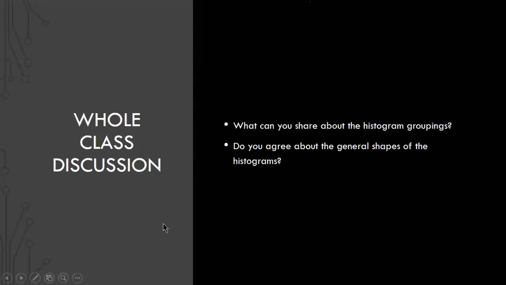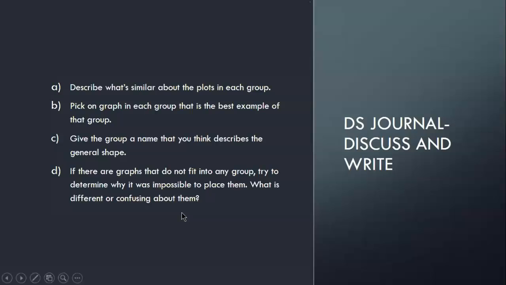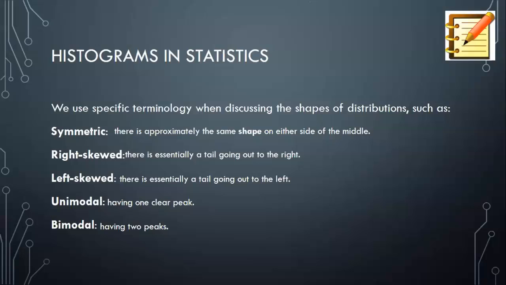So taking out our notes notebook. We're going to now talk about, wait, I went backwards. My bad. There we go. Each of these shapes that you might have noticed, they have actual names in statistics.